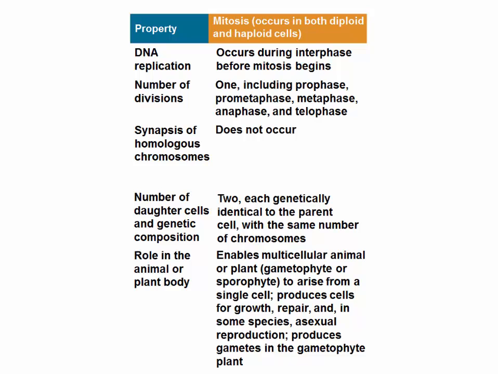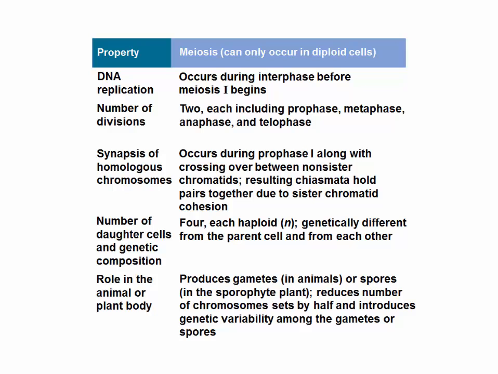There's no synapsis of homologous chromosomes, and you end up with 2 cloned cells of the parent, which allows the multicellular animal or plant to arise from a single cell and to be able to grow, repair, and so on. However, in meiosis, DNA replication, although that occurs in interphase also, the number of divisions is 2.